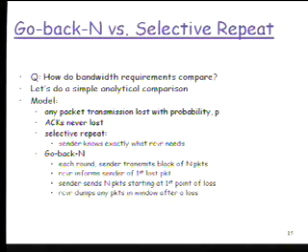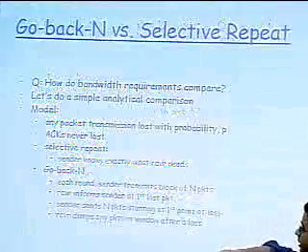For selective repeat, our model is that the sender will know exactly what the receiver needs, so it will retransmit only packets which got lost. It will assume that the out of order packets are buffered by the receiver. That's the model for selective repeat.